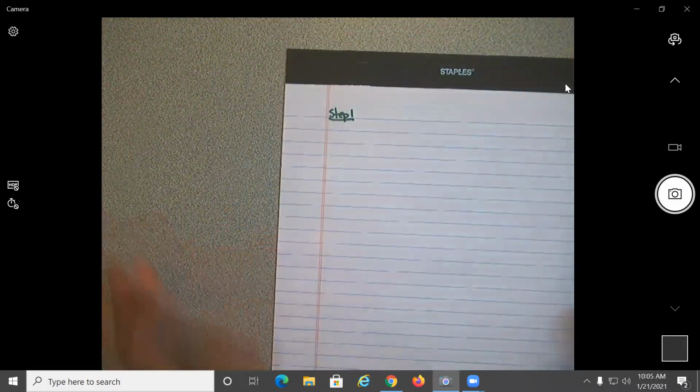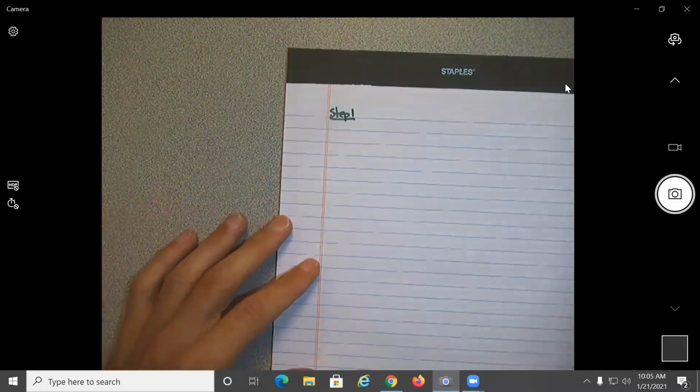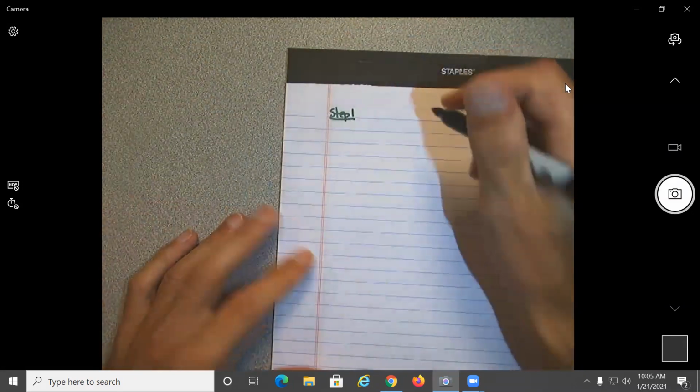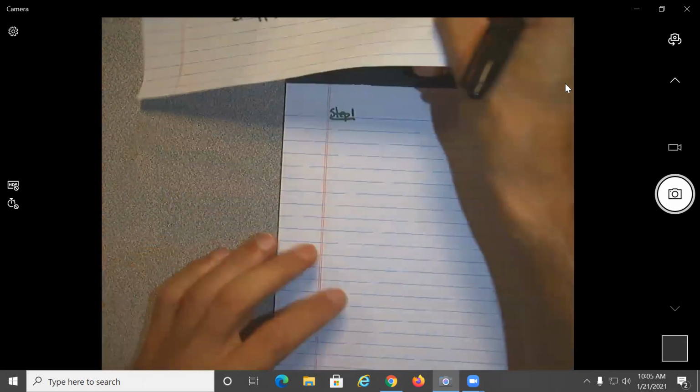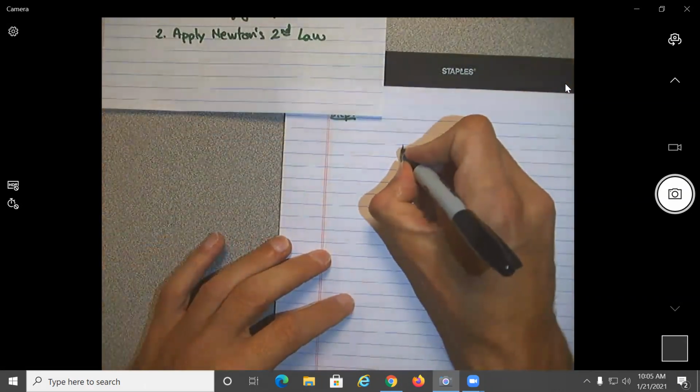This is the way I teach it in dynamics, so I'm going to do the same thing here. Remember, this is the problem we are solving. I'm just going to sketch the mass over here.